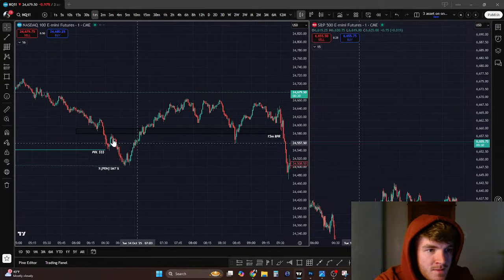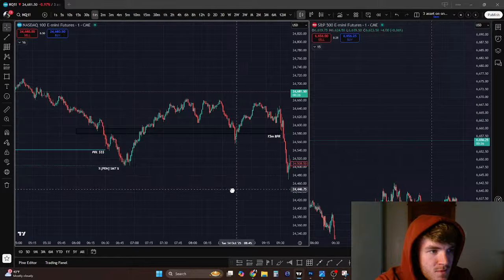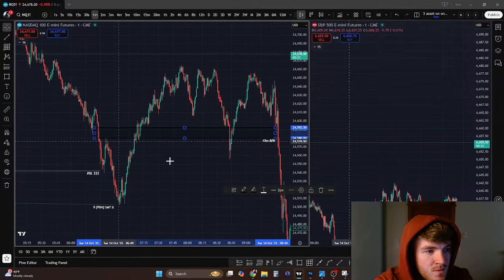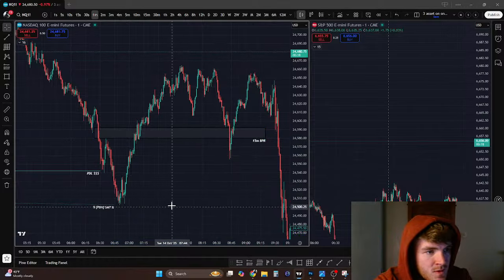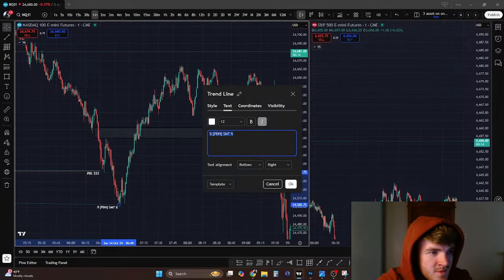The first trade I took was essentially that, when we got a regular SMT, not partial previous day's low SMT.